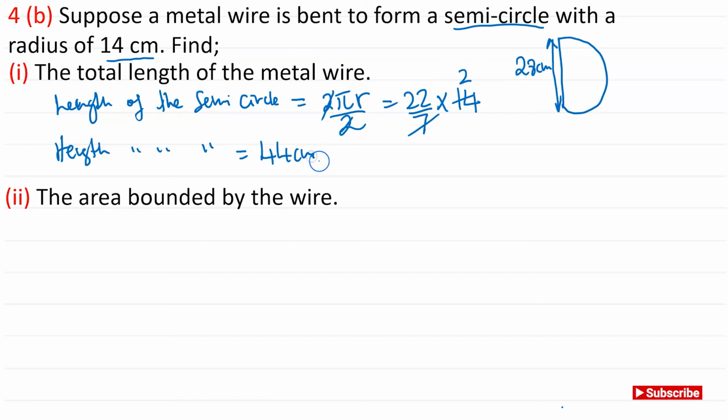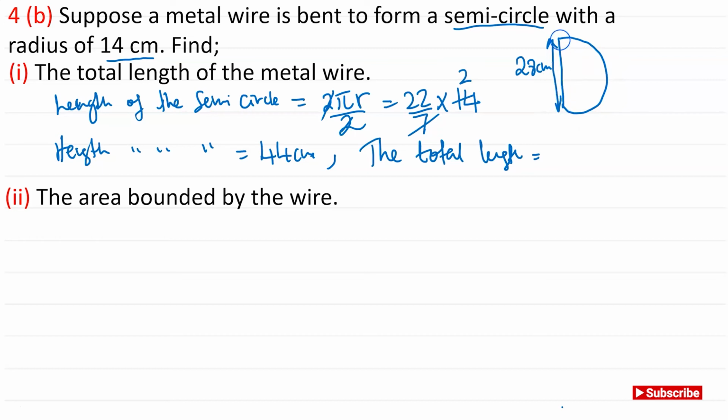But this is not what we've been asked to give. We've been asked to say what's the total length of the metal wire. So it's all around here. So finally you have to say the total length is going to be equal to this diameter, because that is wire, plus the semicircle part.